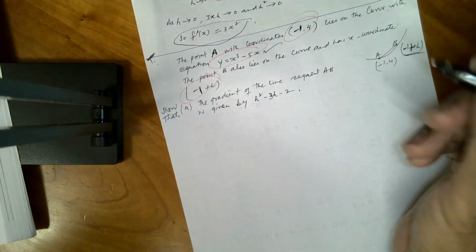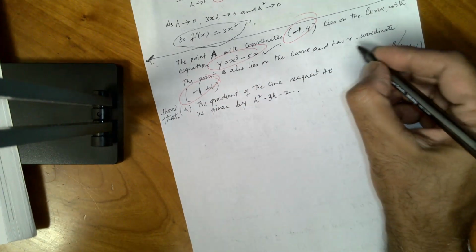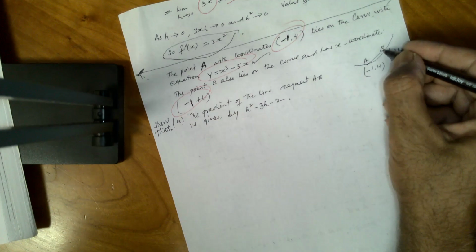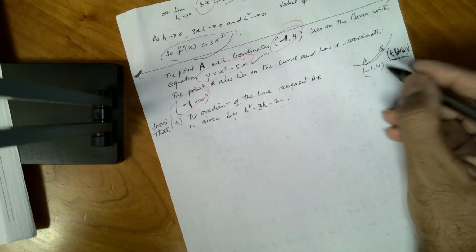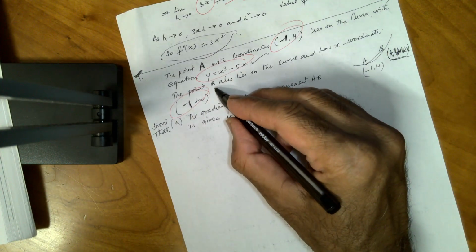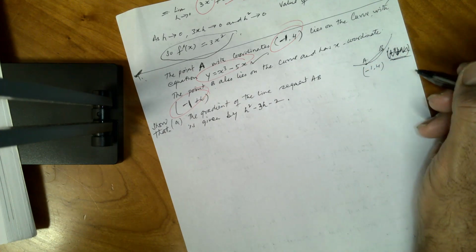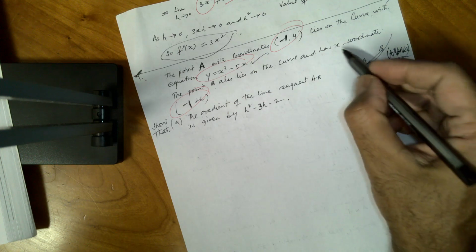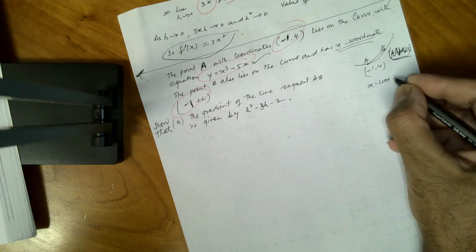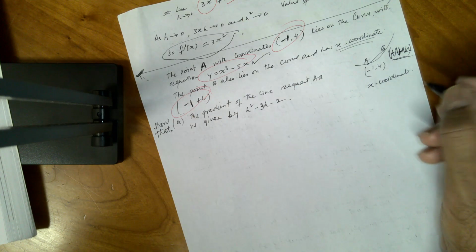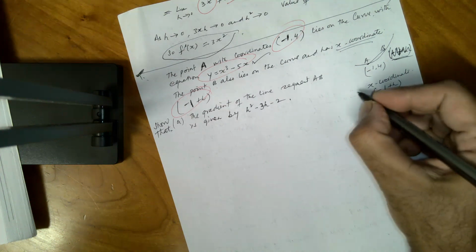It says the point B also lies on the curve and has x coordinate -1 plus h. So it's only the x coordinate, not the full B coordinate.